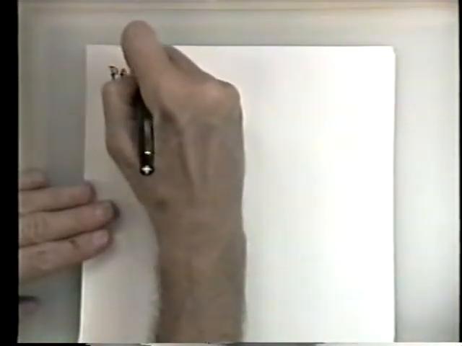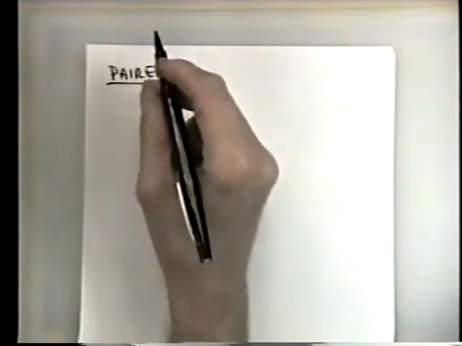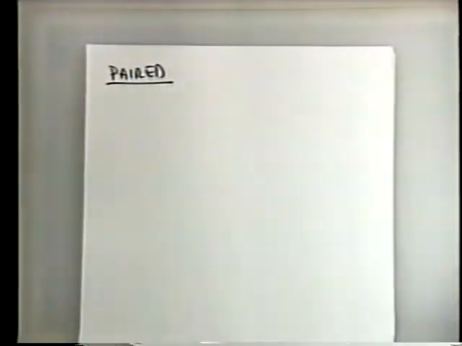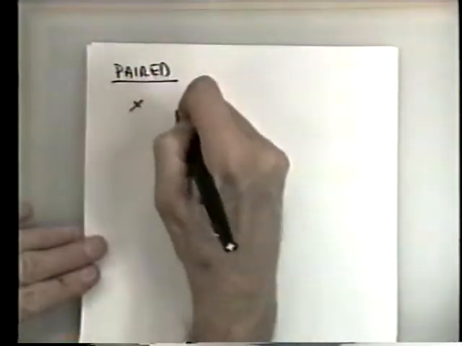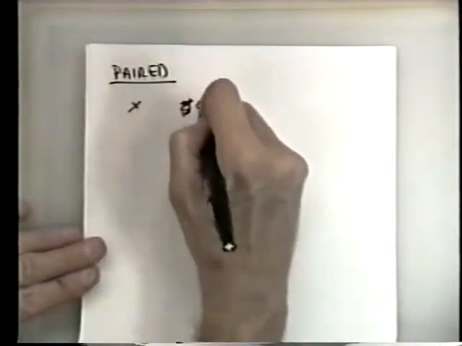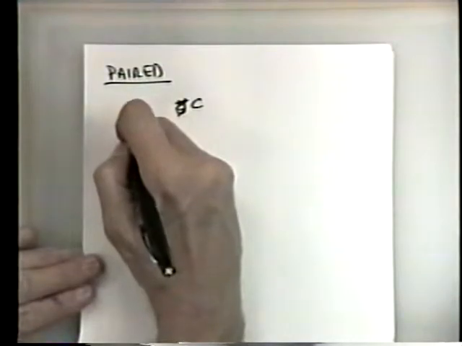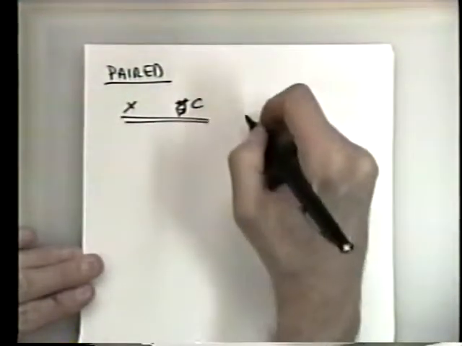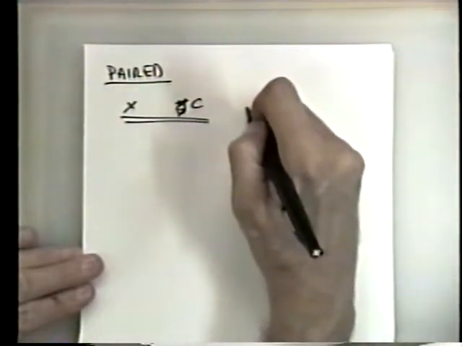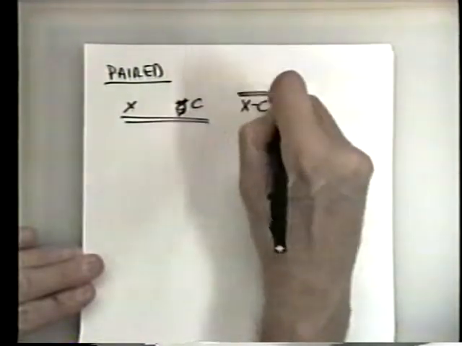And the third case was this paired case. In the paired case, we have all the data from two groups, X and the control.